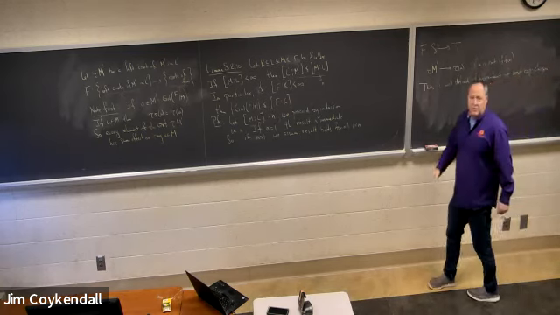Intermediate fields and subgroups are closed. And the order of the Galois group of F over K is equal to the degree of the extension.